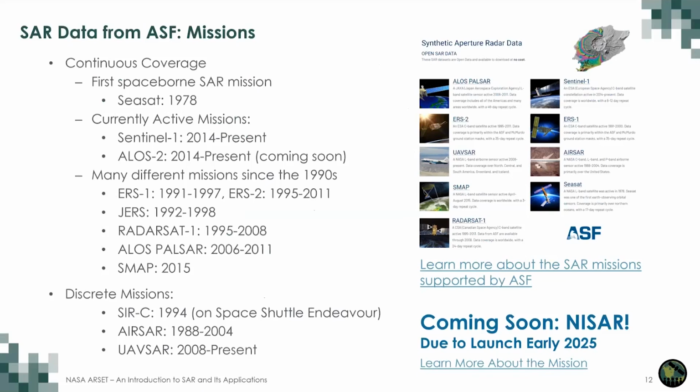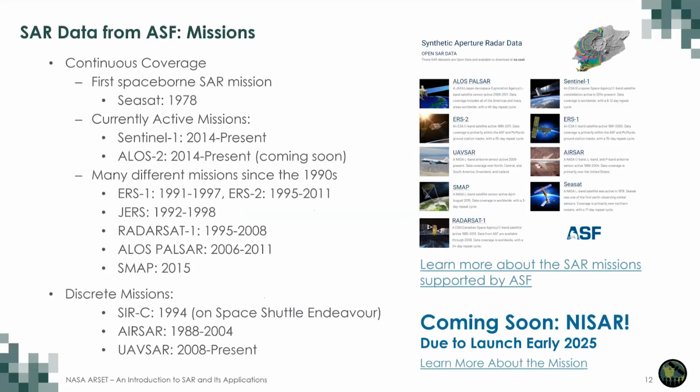For the ALOS-2 PALSAR-2 sensor, even though that mission has been around for about as long as Sentinel-1, we are just now getting the data from JAXA. So we're in the process of ingesting that into our archive. Hopefully by the end of this year or early next year, you'll be able to search for the ALOS-2 PALSAR-2 data, which we're pretty excited about.